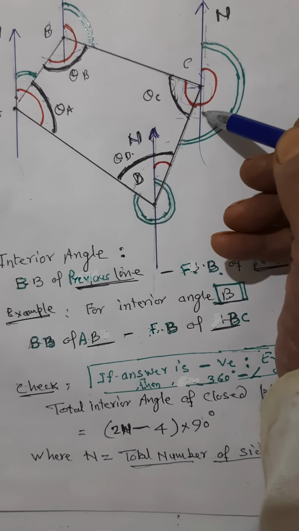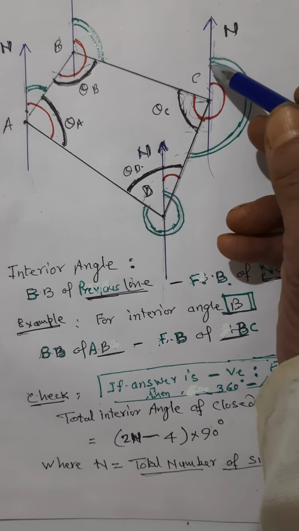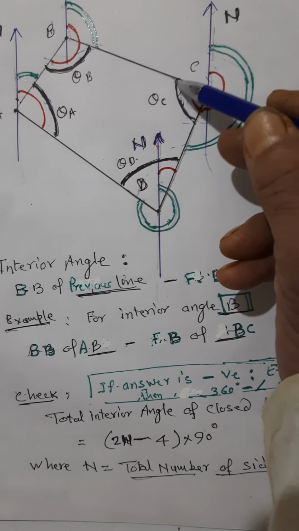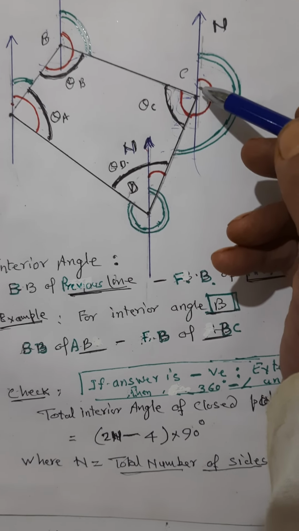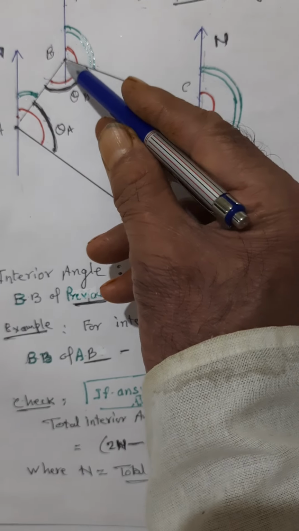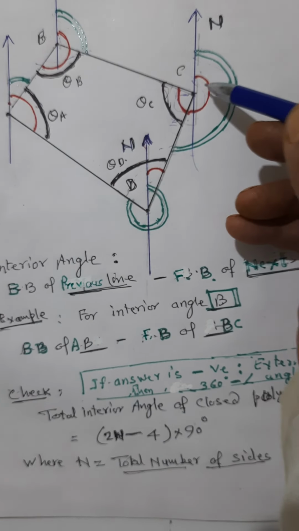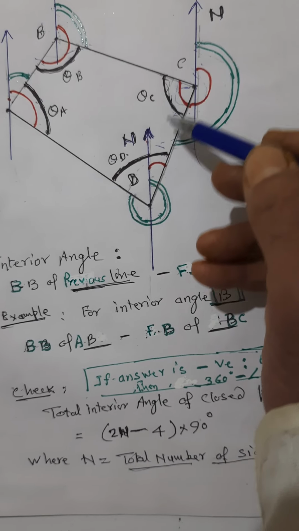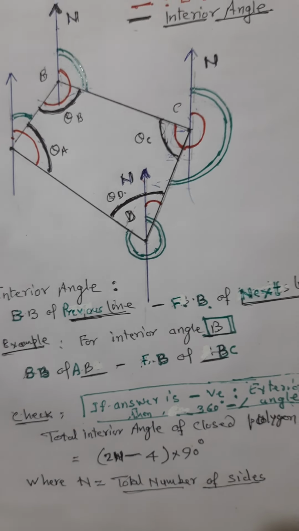From this backsight, if I subtract this angle, you will get this angle. That means from the backsight of the previous line, if we subtract the foresight of the next line, you will get the angle which we can call the interior angle.